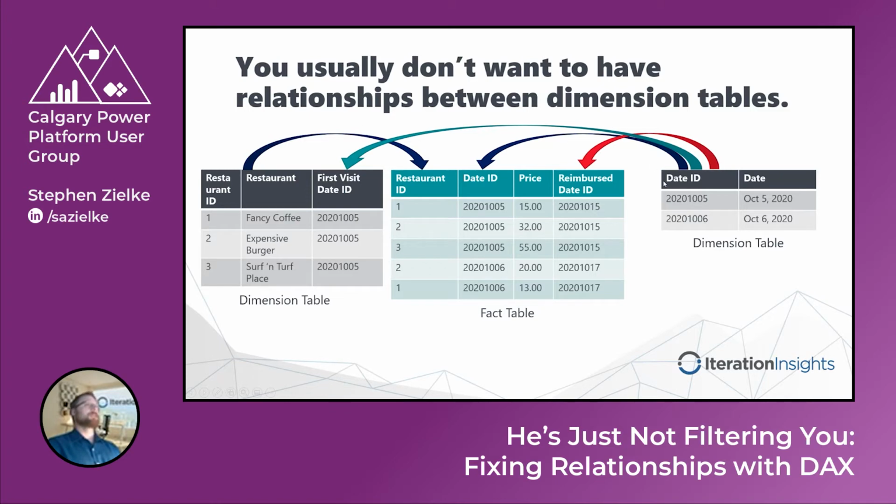And usually in a star schema, you're not going to put any relationships between dimension tables. You could do an inactive relationship. Power BI will let you get away with that, but if you try to make it active, it'll usually throw up an error because the logic gets really confusing, and Power BI detects that.